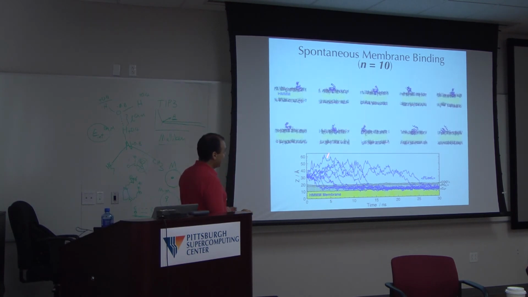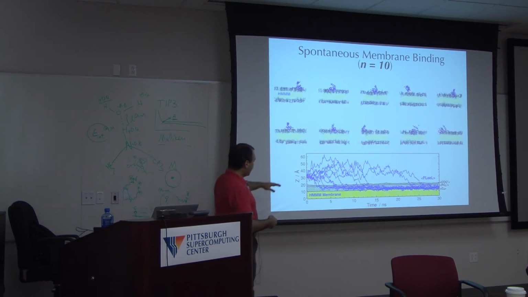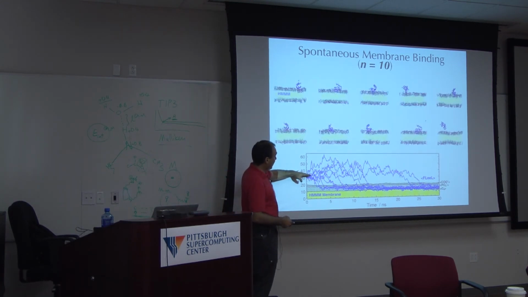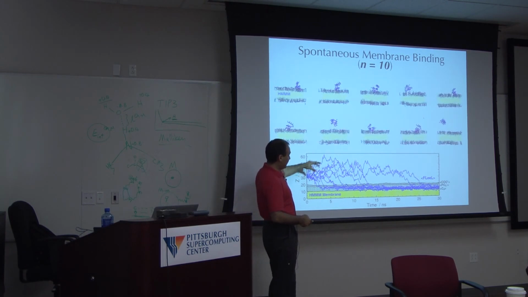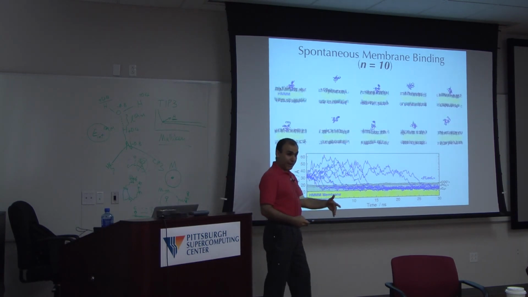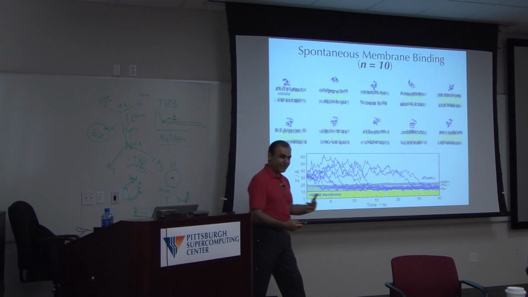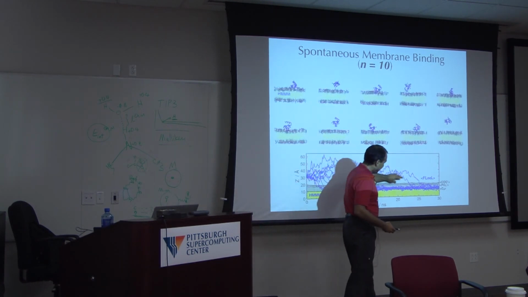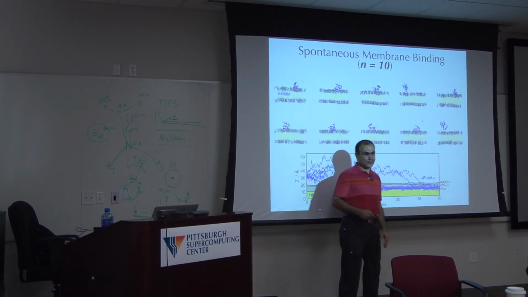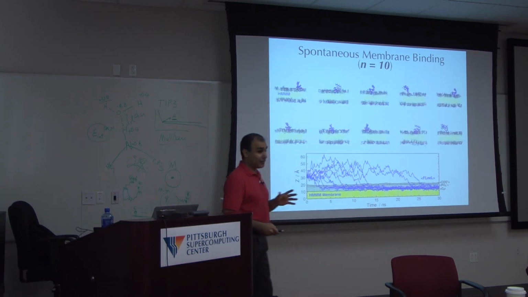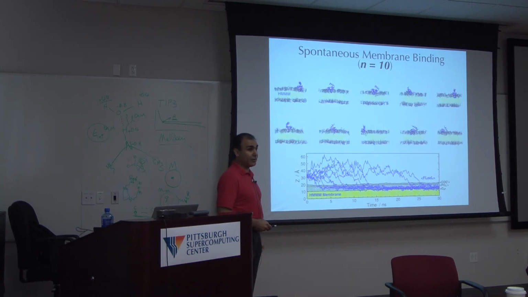So you can see that the convergence is also very nice. All of them are placed about 10 angstroms above the membrane, but after diffusing in water in a random manner, at the end they all converge to the exact insertion depth, which is experimentally extremely difficult to measure. It's very difficult to know how deep they go into the membrane.